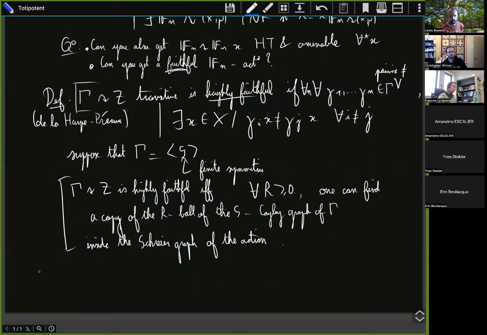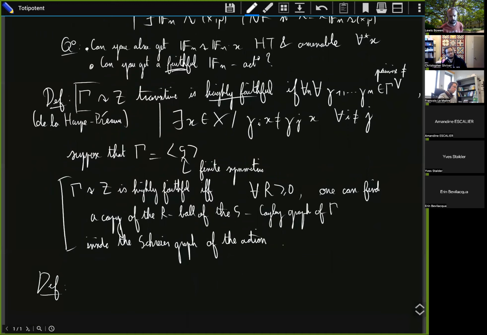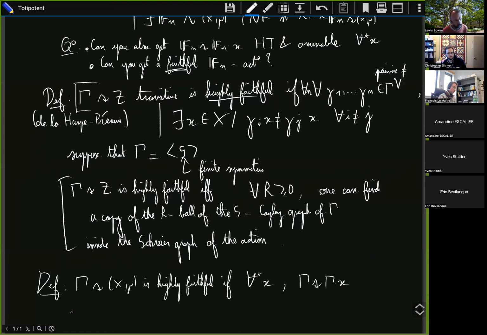Okay, so let us say that gamma acting on X, mu is highly faithful if for almost every x, gamma acting on gamma dot x, so gamma acting on the orbit of x, is highly faithful.